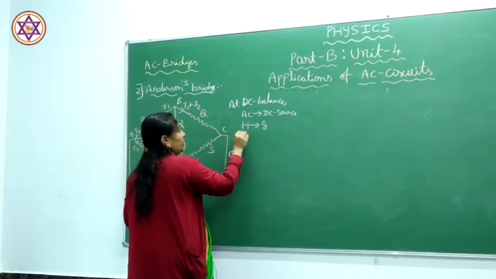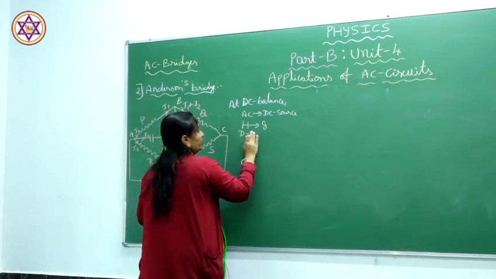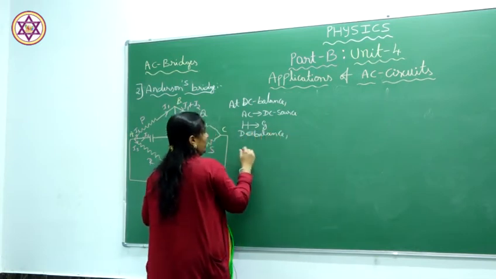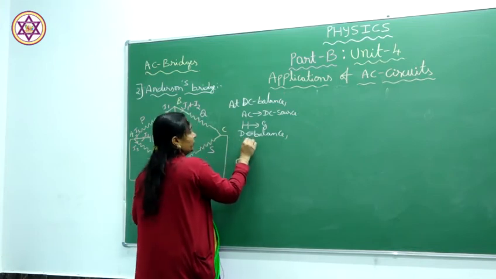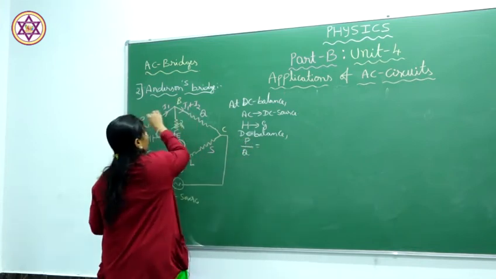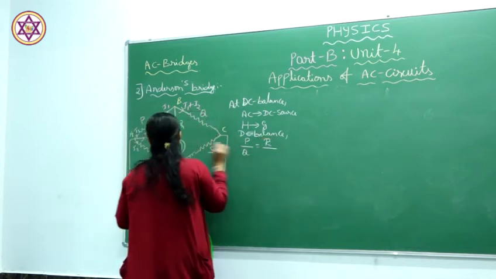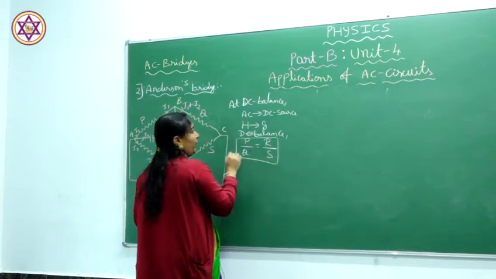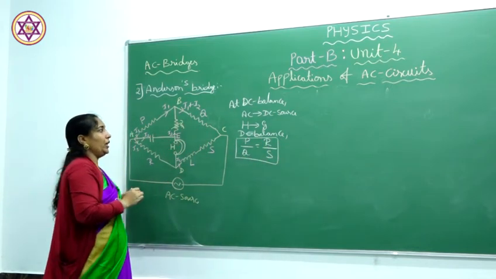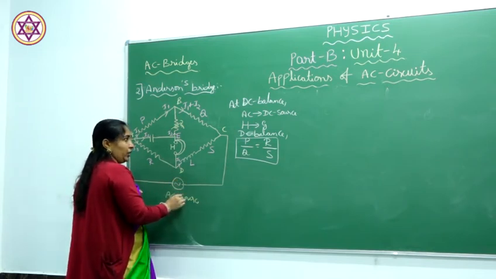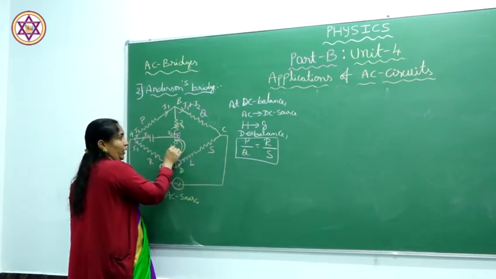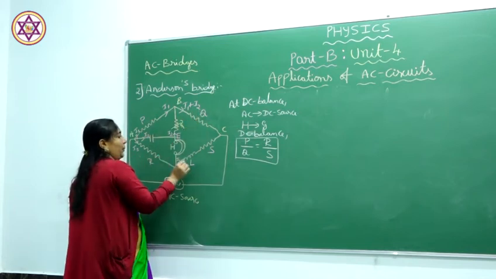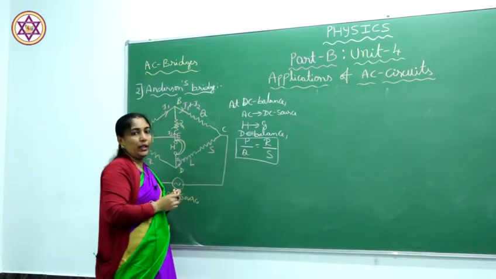So the DC balance is given by P by Q, which is equal to R by S. This is what we call DC balance. So to obtain DC balance, replace the AC source by DC source and headphone by the galvanometer. When we obtain DC balance, P by Q should be equal to R by S.